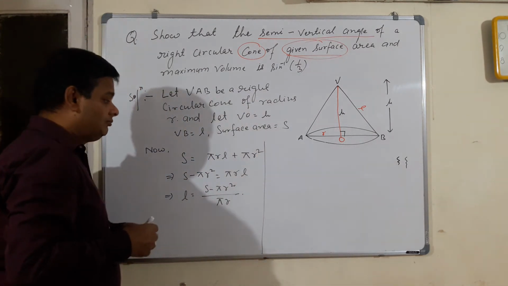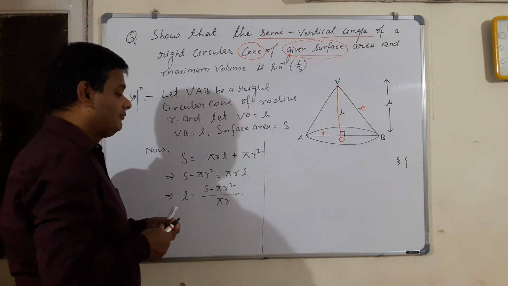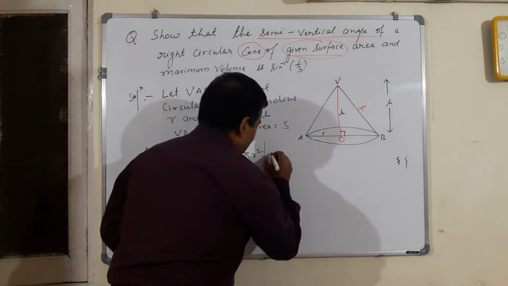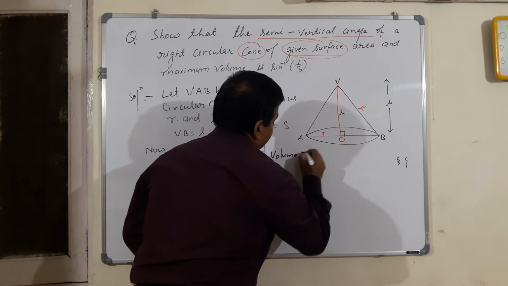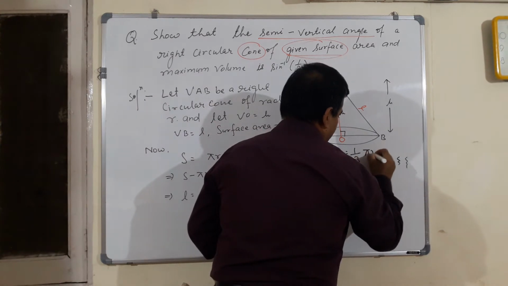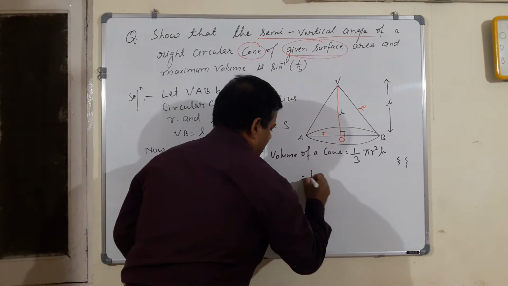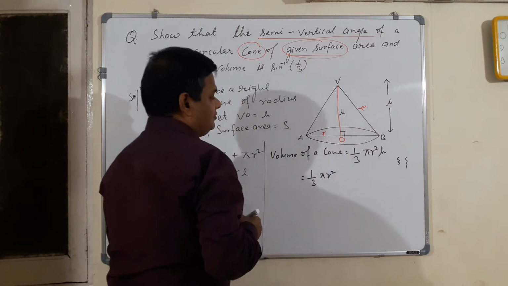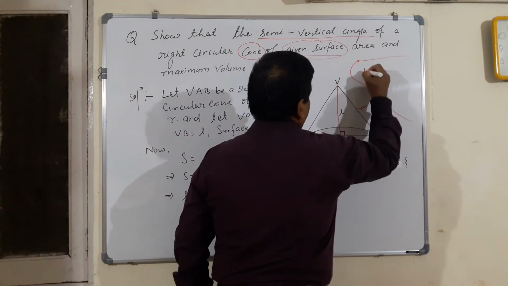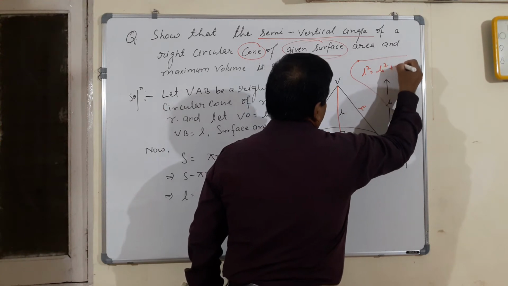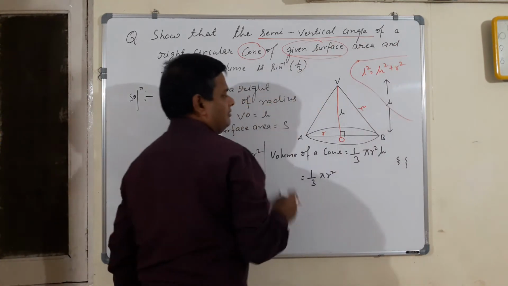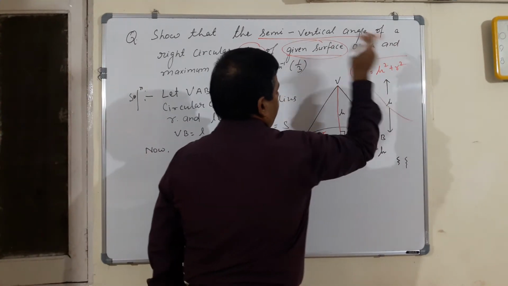Now, the volume of a cone. We know that the volume of a cone is 1 by 3 pi R square H. According to the Pythagoras theorem, L square is equal to H square plus R square.